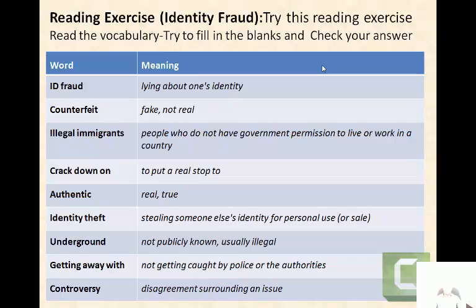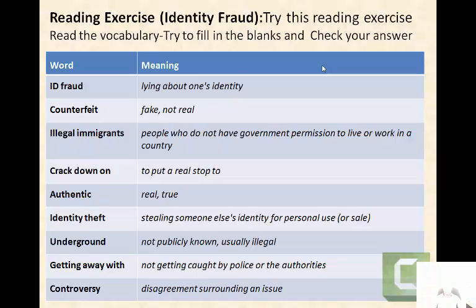Identity theft. This means stealing someone else's identity for personal use or sale. Underground. This means not publicly known, usually illegal. Getting away with. This means not getting caught by police or the authorities. Controversy. This means disagreement surrounding an issue.